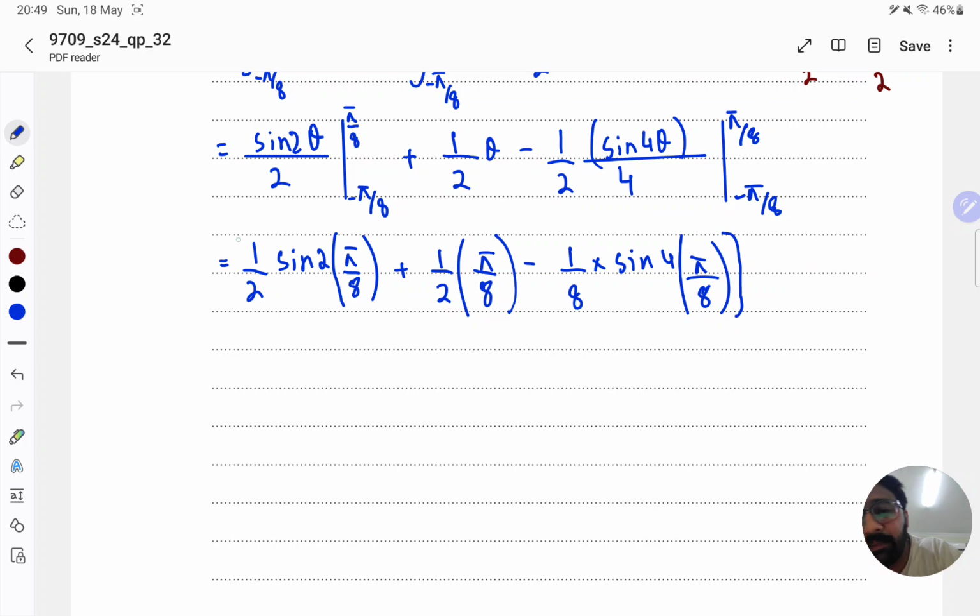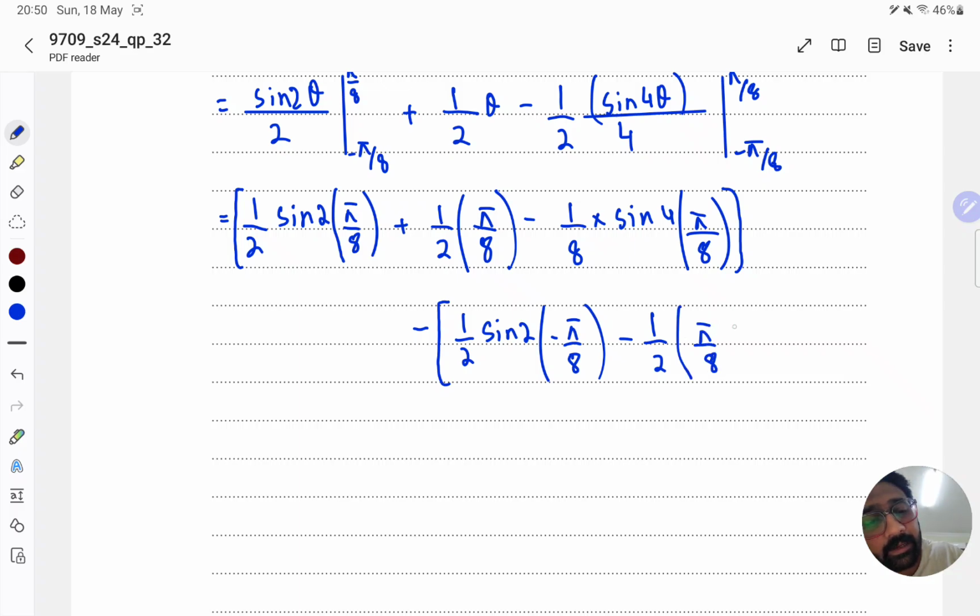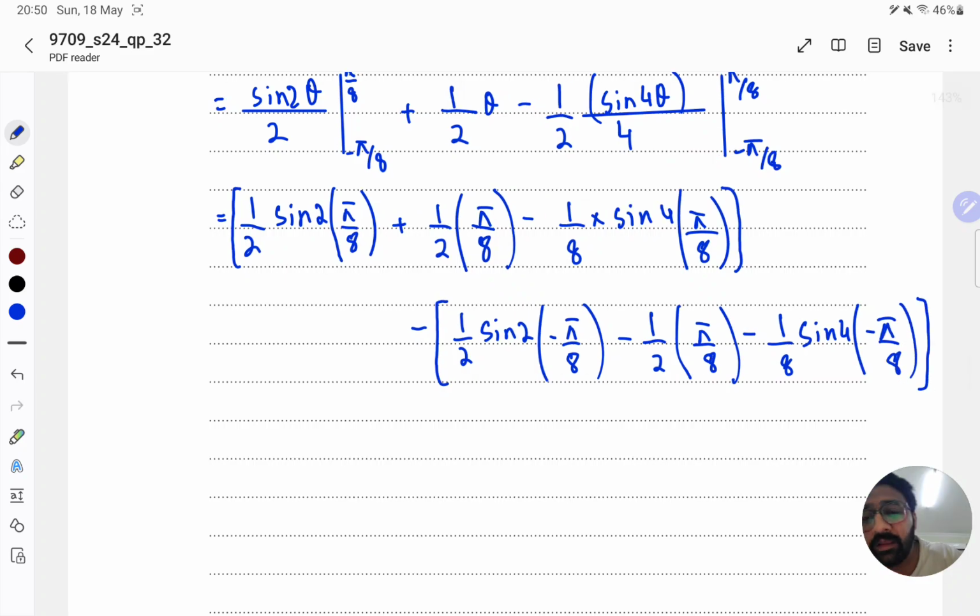This is the complete upper limit. Similarly, I'll put the lower limit as well. For the lower limit, I'll put 1 by 2 sine 2 times minus pi by 8, plus it will become minus, so 1 by 2 into pi by 8, minus 1 by 8 into sine 4 times minus pi by 8. This is the lower limit.